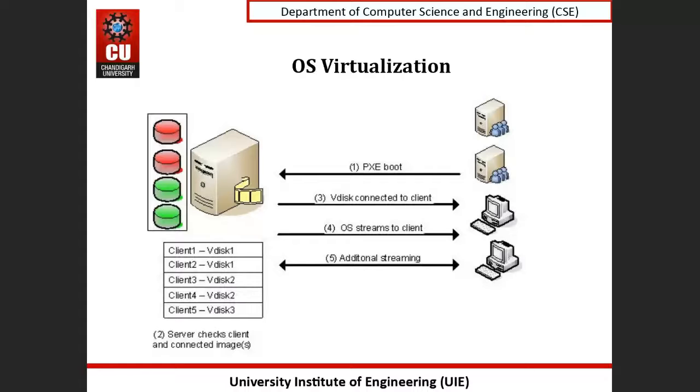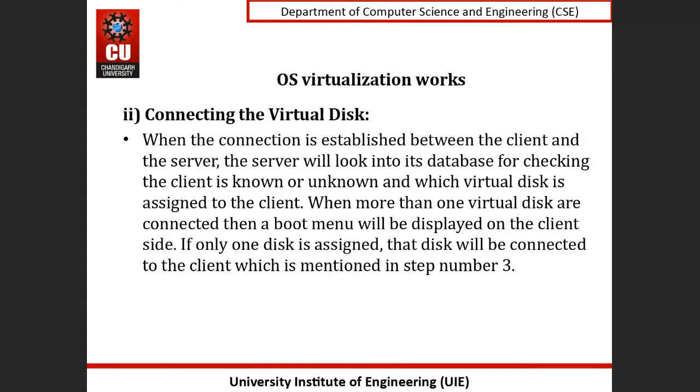Look, this was the second step, to check whether the client is known or unknown. If it's known, which disk is being assigned to it, vDisk 1, 2, 3, whatever it is. You can see from this small table over here, right? So this is your second step, to check the virtual disk.